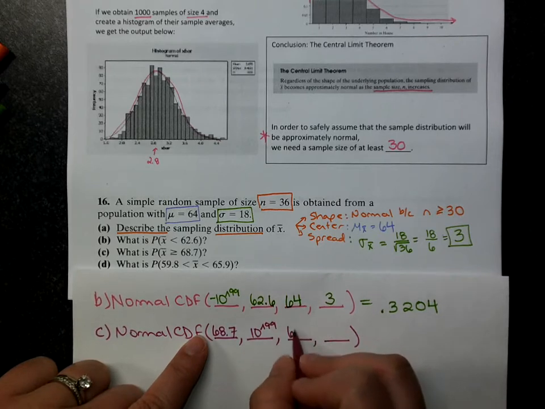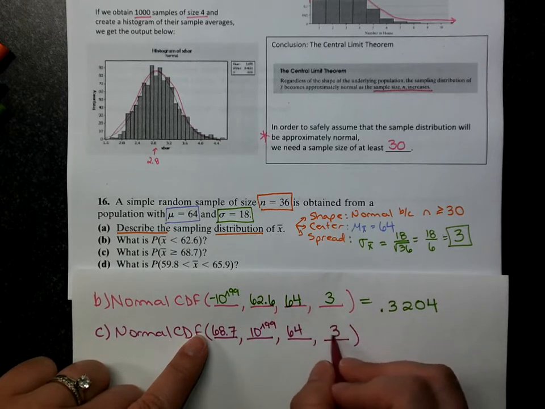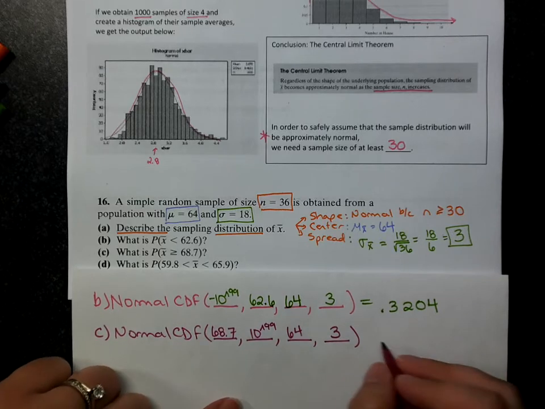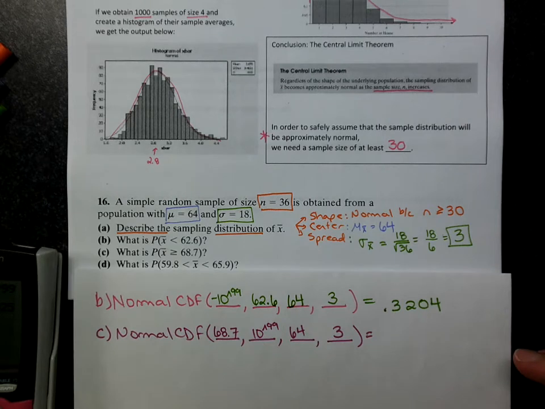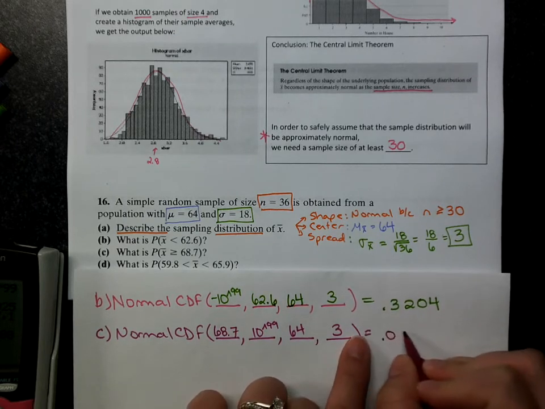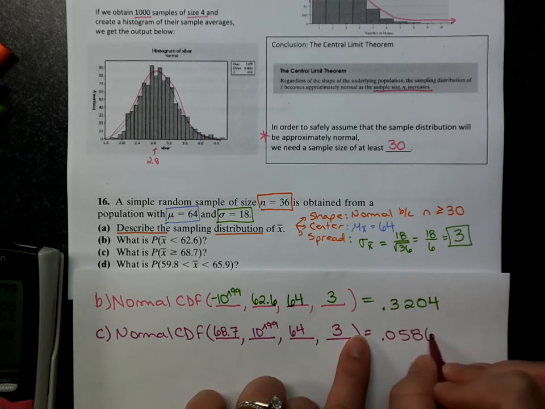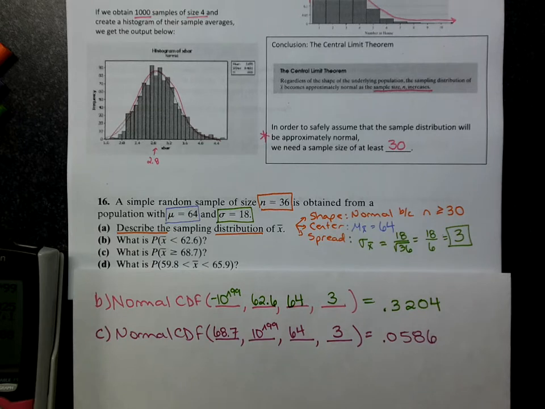The mean is still 64, and again, I'm going to use that adjusted standard deviation of 3 for the sampling distribution. So normal CDF, 68.7 to infinity, 64 with the standard deviation of 3 gives me 0.0586. And one last time for between.